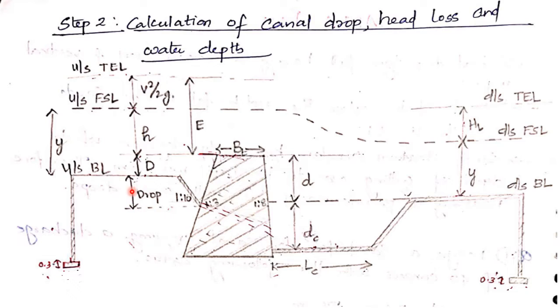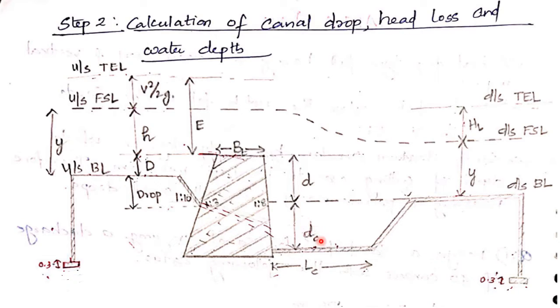Now this is the actual drop height, that is the height difference between upstream bed level and downstream bed level. If we extend this line up to here, this is the actual height of the drop. Other terms: we have small d, the gap between top of the crest wall and downstream bed level.